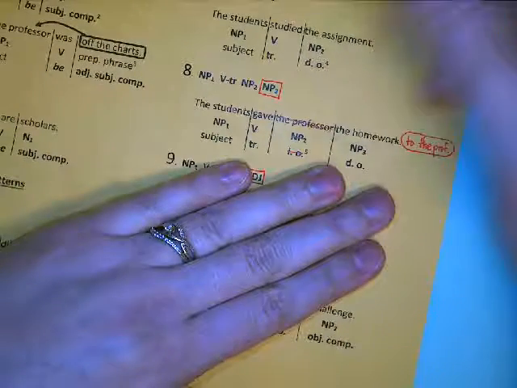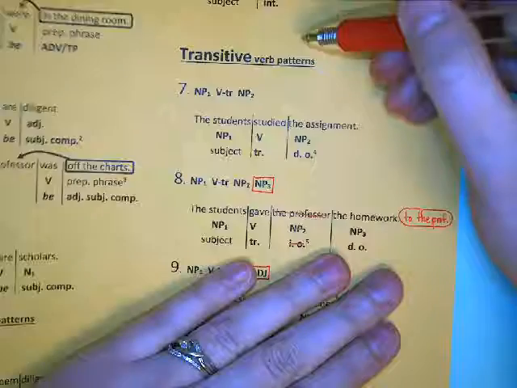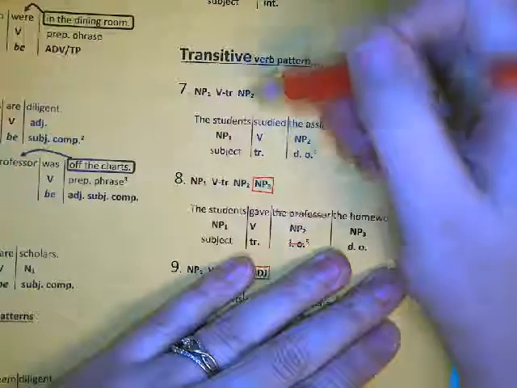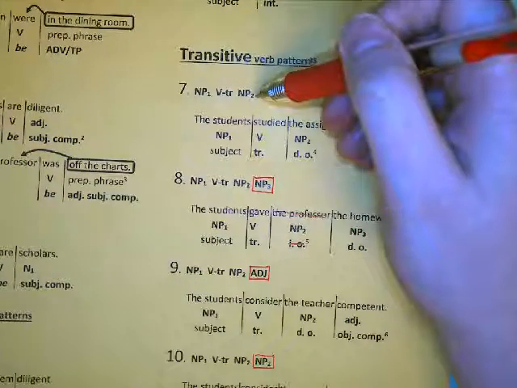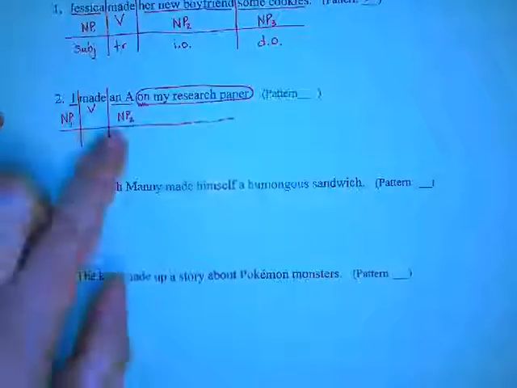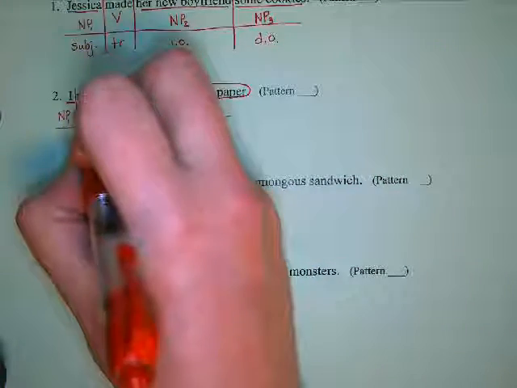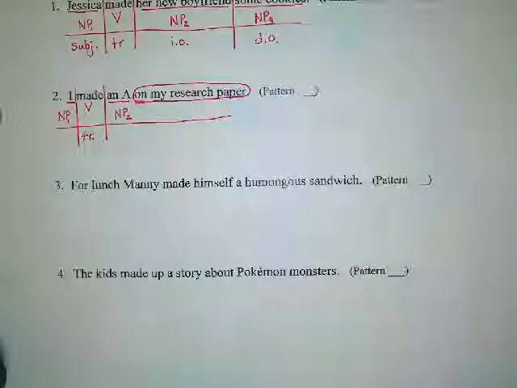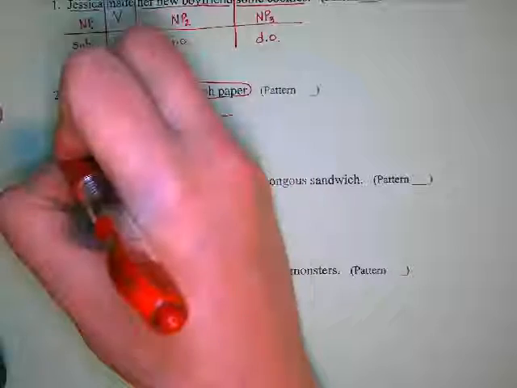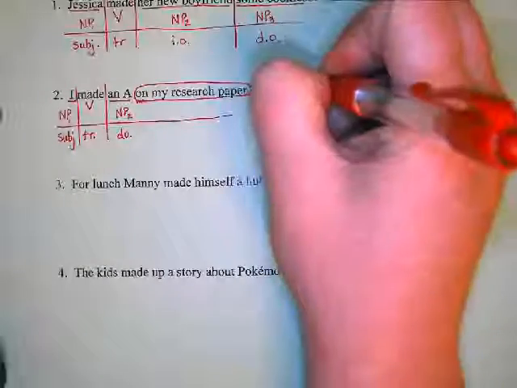So since we have a prepositional phrase and not another noun phrase, it's going to be pattern 7, right? As soon as you have a noun phrase 2, you know it's a transitive verb. And then it's just a matter of, is it 7, 8, 9, or 10? So we have a subject, direct object, but we have no indirect object, so it has to be pattern 7.